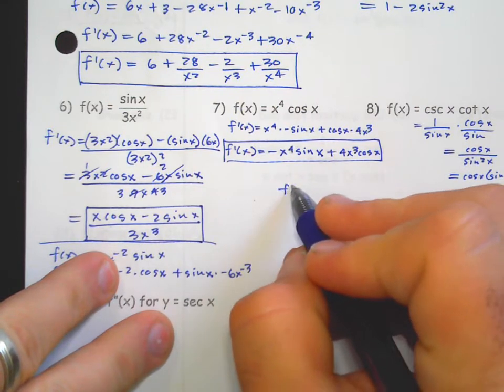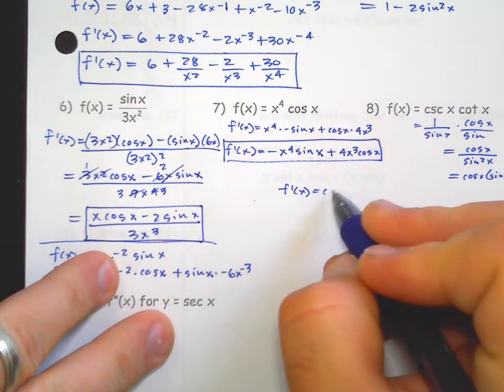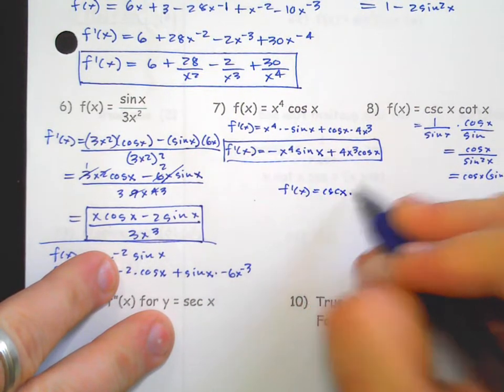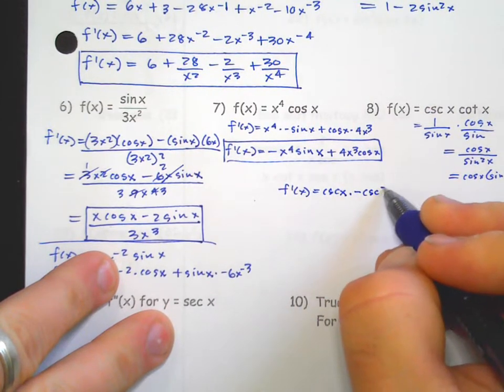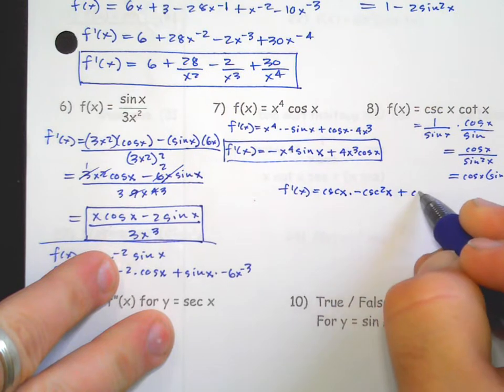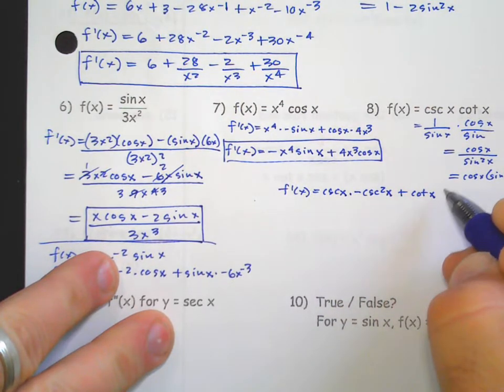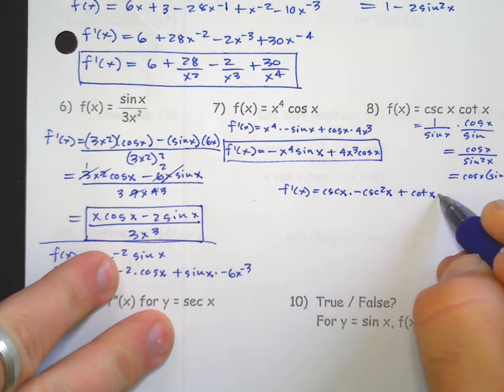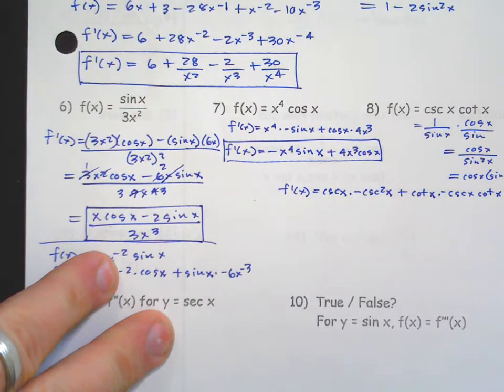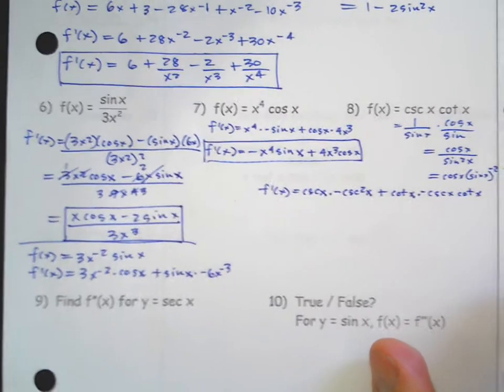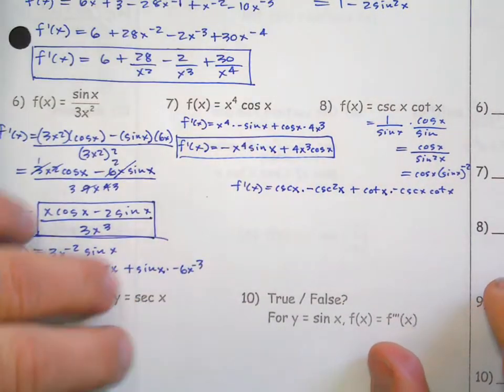So f prime of x equals cosecant times derivative of cotangent. Derivative of tangent is secant squared, so this is negative cosecant squared, plus cotangent x times the derivative of cosecant. Derivative of secant is secant tan, so for cosecant it's negative cosecant cotangent. Remember, the derivatives of any co-trig function are going to have a negative.